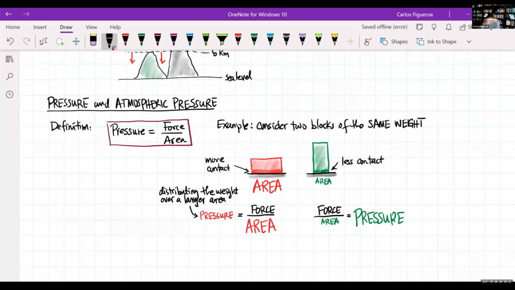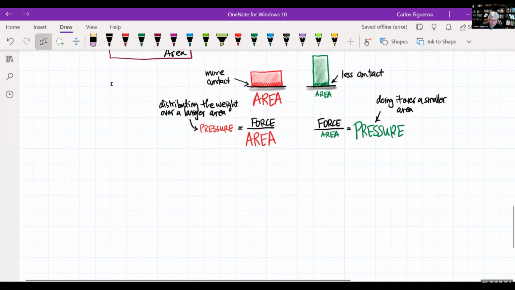But here, we're doing it over a smaller area. And because we have more force over a smaller area, we have higher pressure. That being said, we could think of examples then.